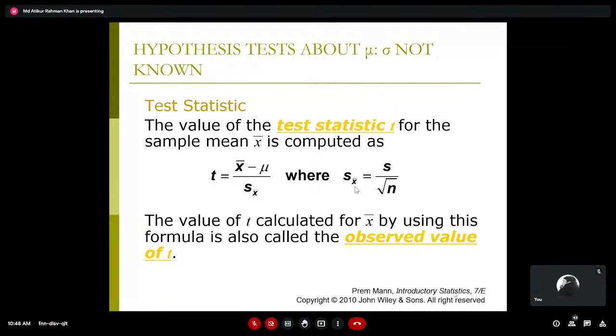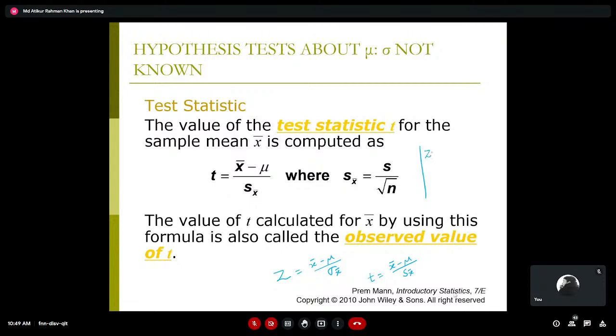So whatever is happening here, think about it. We used Z equal to X bar minus mu divided by sigma X bar. Now we are using T equal to X bar minus mu divided by S X bar. First we are replacing sigma by S. The same thing happens here.